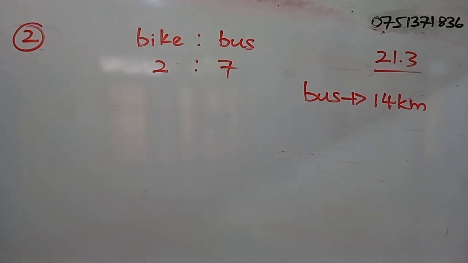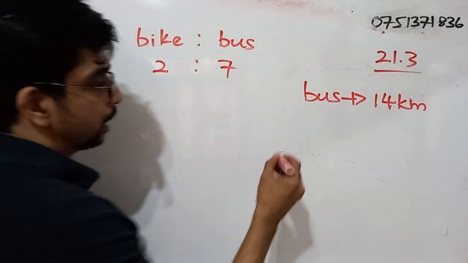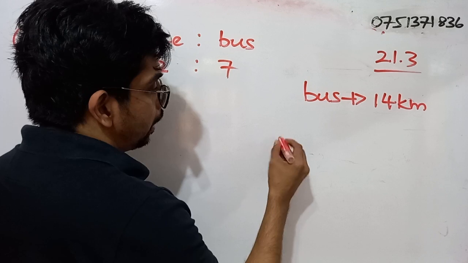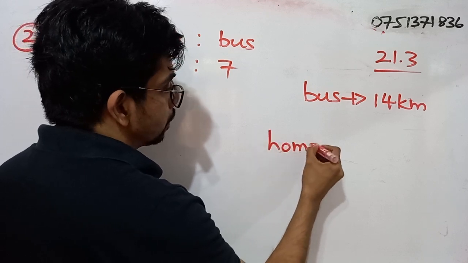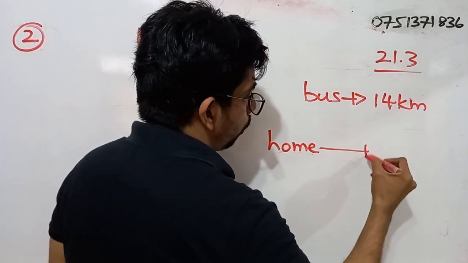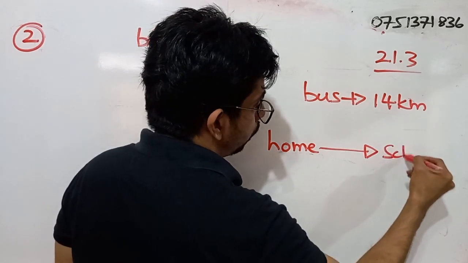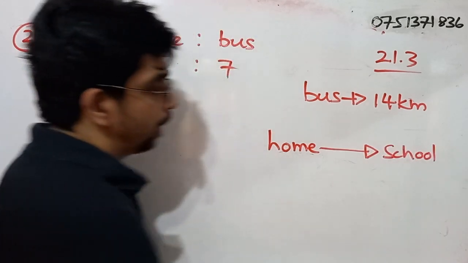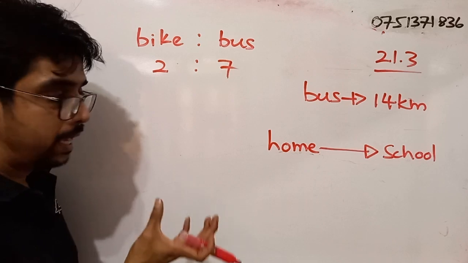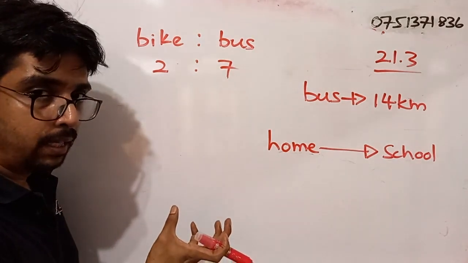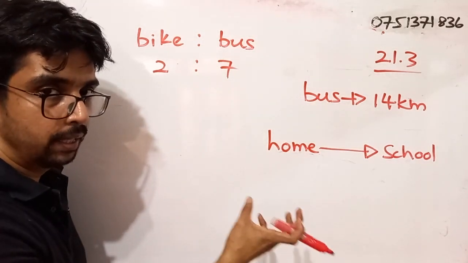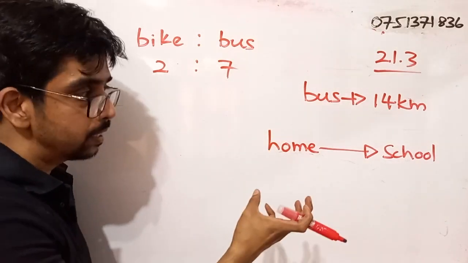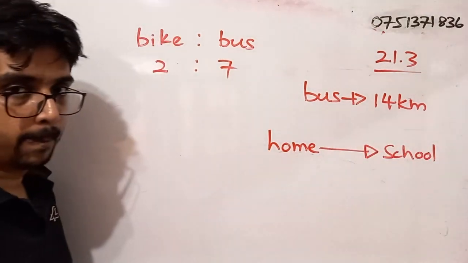So basically, what are they asking? Sirimal travels from home to the school using what? First of all, he takes the bike and rides to the bus halt. Then he takes a bus to the school.